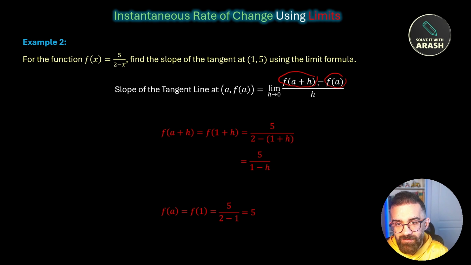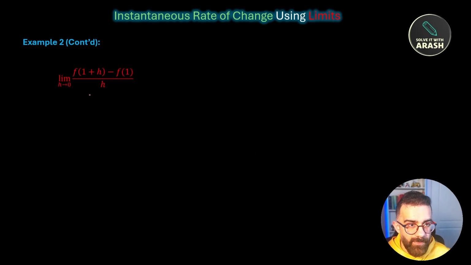Now we have f of a plus h and f of a. Let's subtract them and put it into this formula. So the limit of f of 1 plus h minus f of 1 over h is going to be the limit of 5 over 1 minus h minus 5 over h. To simplify this, I'm going to work on the top, where I need to find the common denominator.